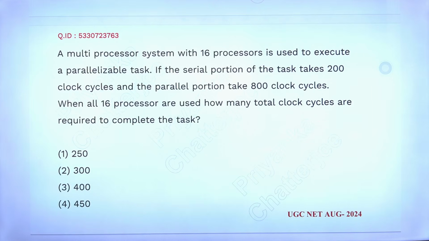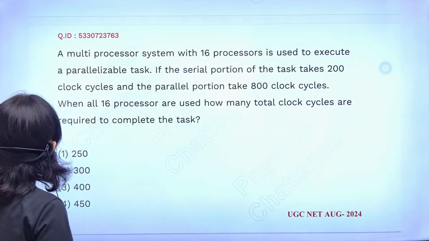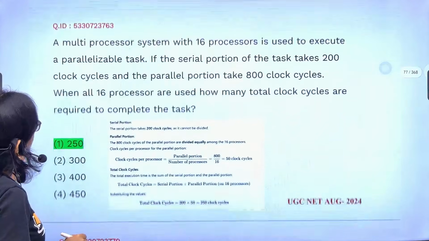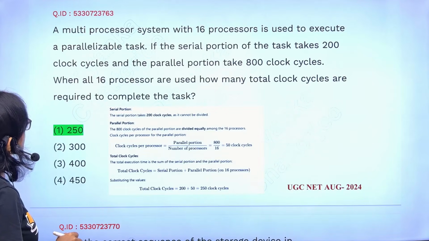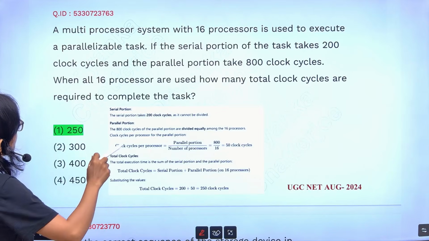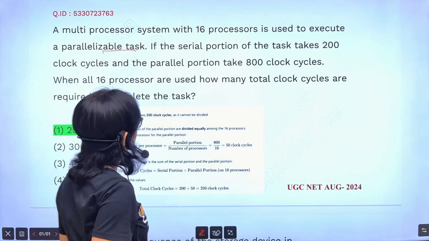27% correct answer. Here, how to think about the question: the question is telling you a multiprocessor system with 16 processors is used to execute a parallelizable task.